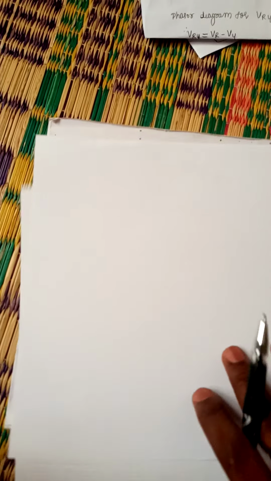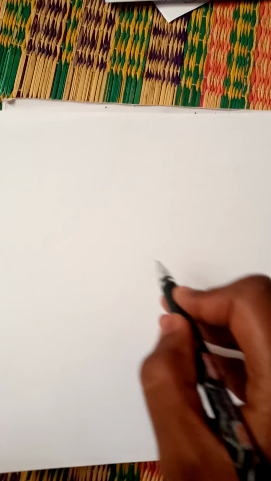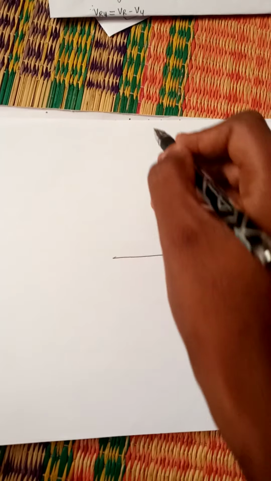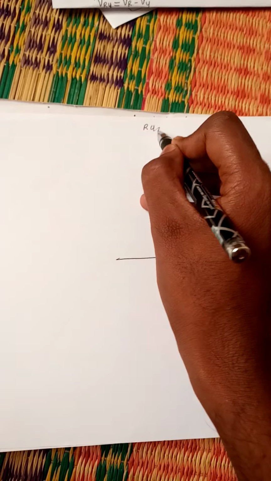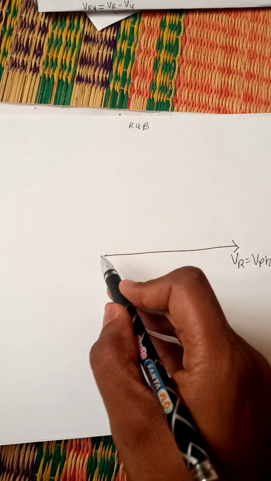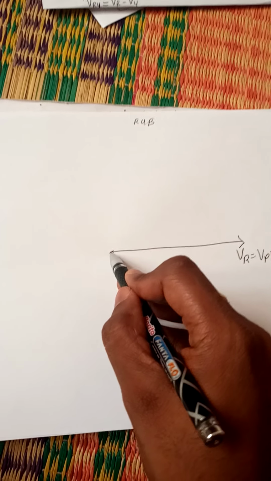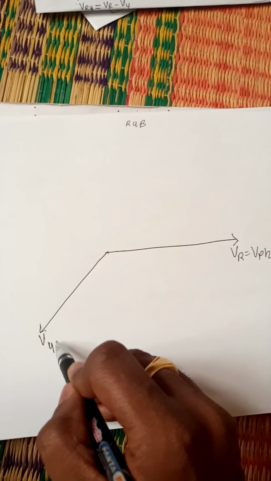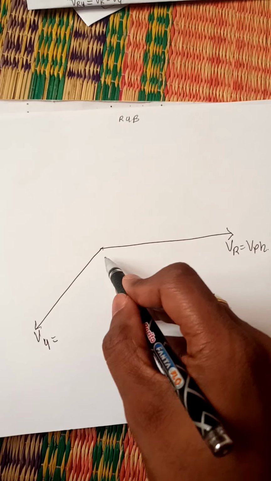First, initially what you have to do, take VR, that is equal to VPH, as a reference phasor. As you all know, you have the sequence RYB, therefore VR lags VY by an angle of 120 degrees.